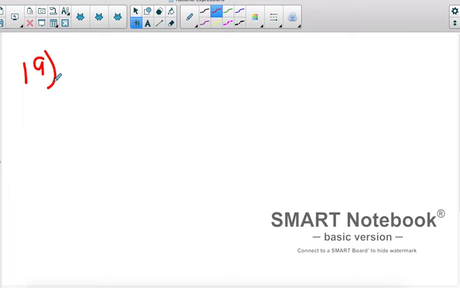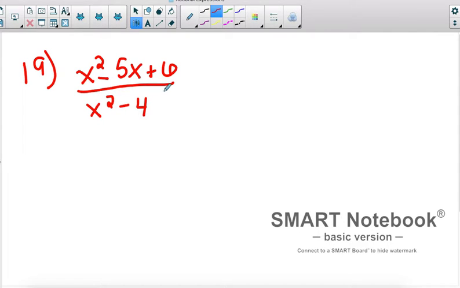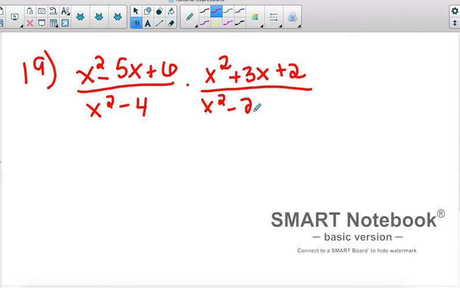And again, I picked the hardest ones, so this should really help you out. x squared minus 5x plus 6 over x squared minus 4 times x squared plus 3x plus 2 over x squared minus 2x minus 3.